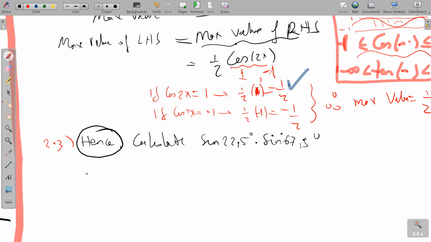The previous one is, I will write the question, sine 45 plus x, sine 45 minus x, is it 1/2 times. So we have to use this one.